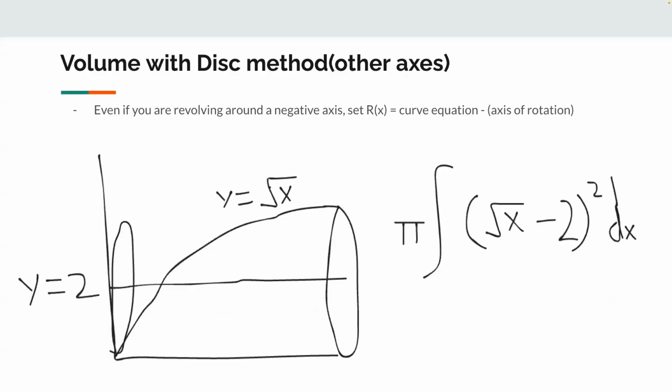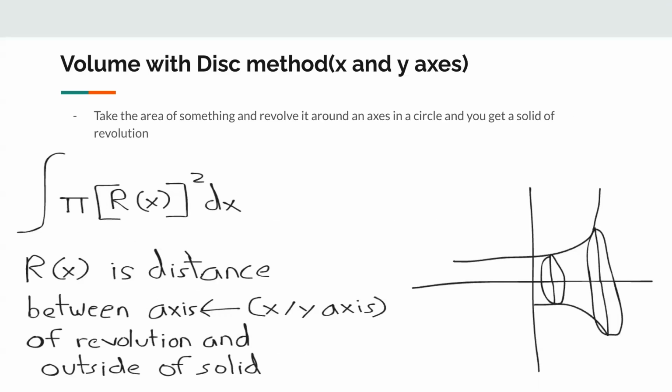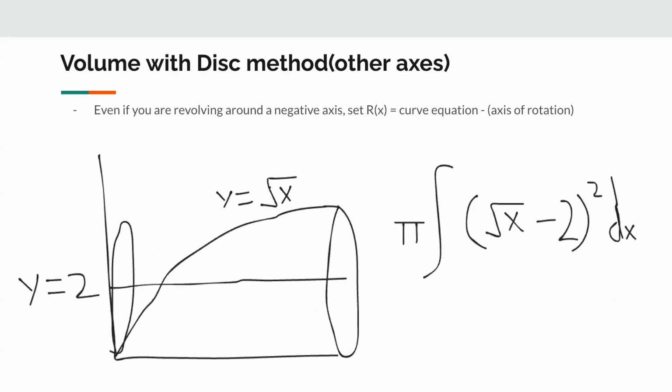Okay, so how do you do this with other axes? Essentially, you'll just do the function minus the axis, and then the same equation. It'll be r of x minus the new axis, squared. And it can be done for x or y values. In this case, I have this function, and I'm revolving around the y equals 2 line, which I drew here.